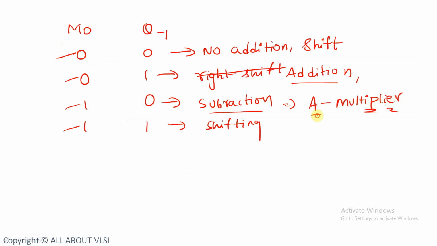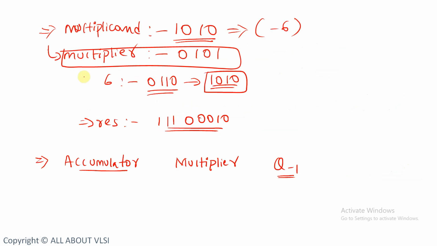Instead of doing subtraction directly, we can perform A plus the 2's complement of the multiplier. First I will go here and perform the 2's complement of this particular multiplier. It will become 1 1 0 1. So 1 0 1 1 is the 2's complement of the multiplier.